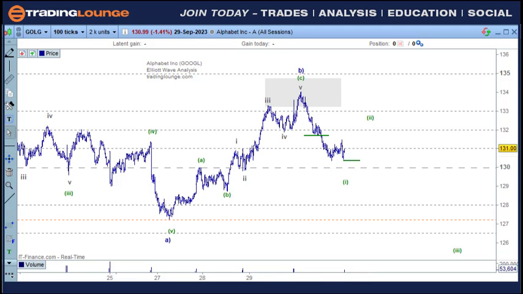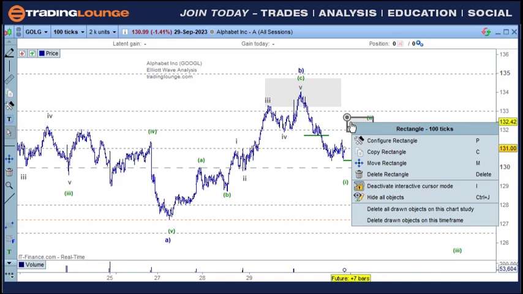So we should get some sort of little kickback in here, and then down again at this point. That will be the 61.8%. I'm going to bring it down to just below the 132 here in this case, because I'm going to turn this green here.